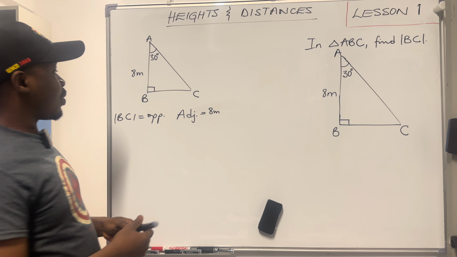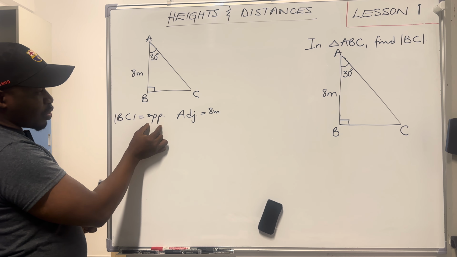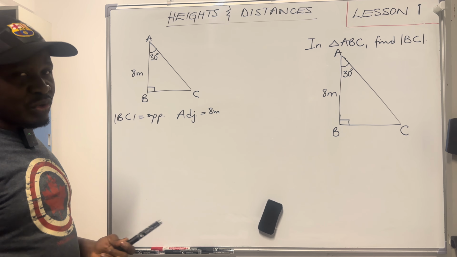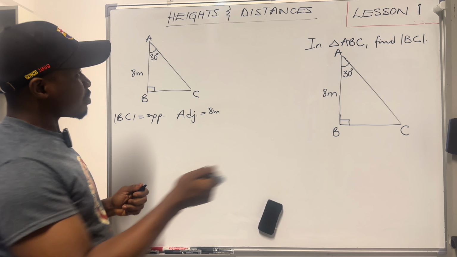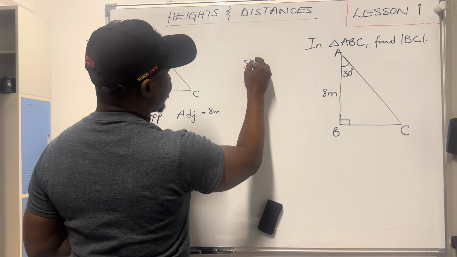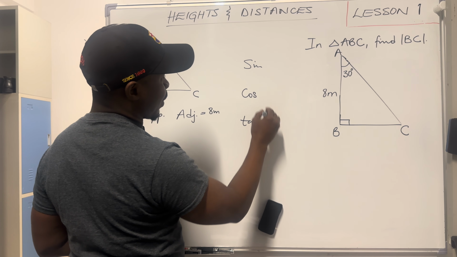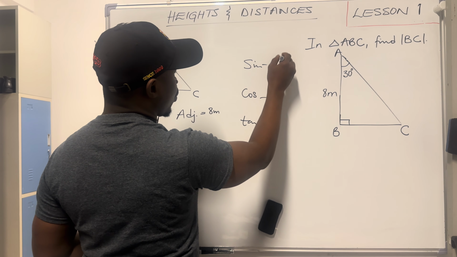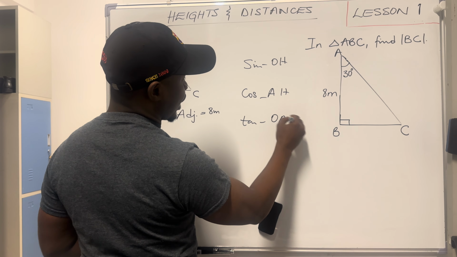So what do we do? When you are considering opposite and adjacent, what do we use? Some people find it difficult to know what to use. We have sine, cosine, and tangent. We say SOHCAHTOA.